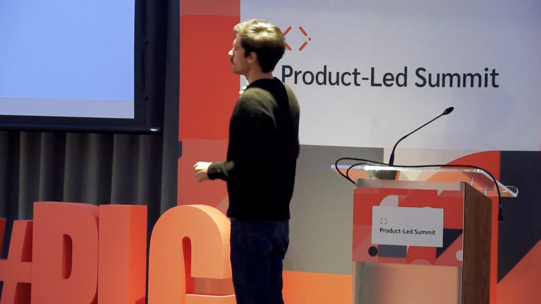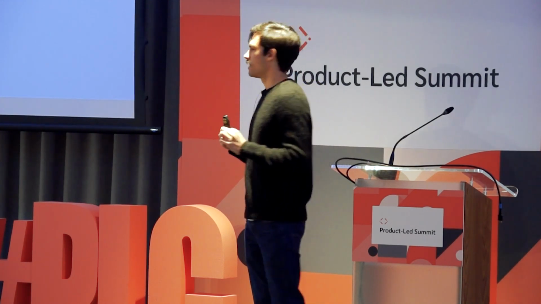You want to understand very, very quickly if you want to go and iterate on that experiment or if you want to stop it. And for that, you want to optimize two things to be as fast as possible: launching as fast as possible and measuring things as fast as possible. And this is challenging.